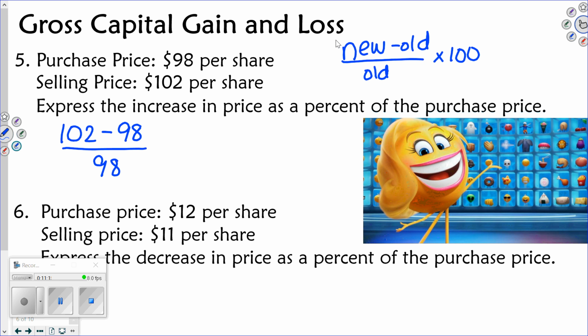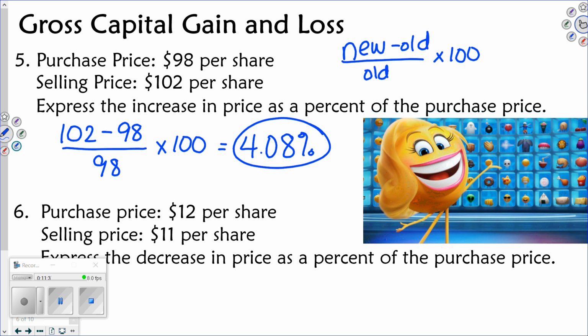So it's going to be a small percent, right? Then we just multiply that by 100. So what percent did it go up by? Go ahead and give me to the nearest hundredth. Good, 4.08%. So, I mean, it's a 4% increase. It's better than nothing. It's better than a loss.